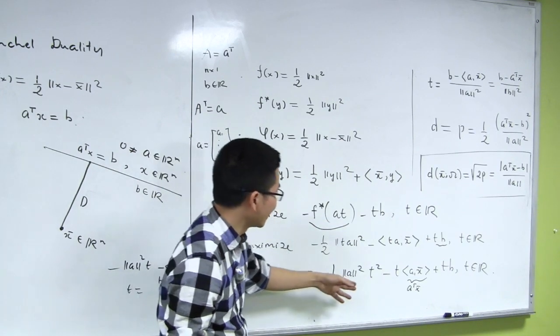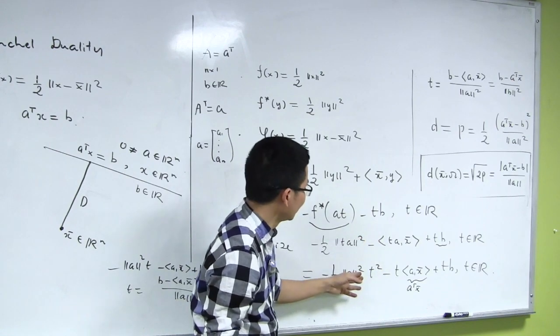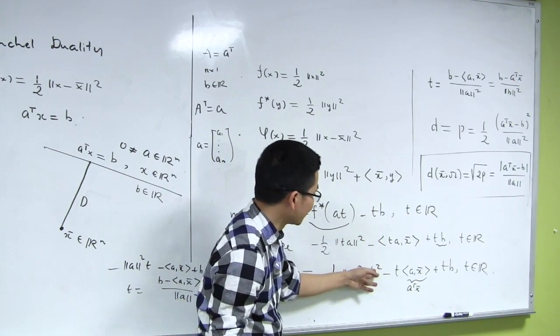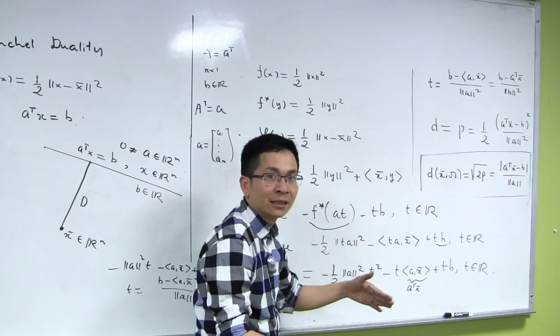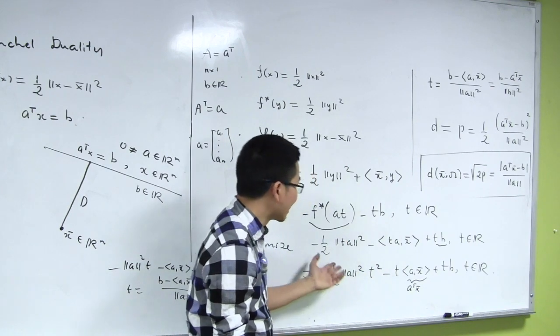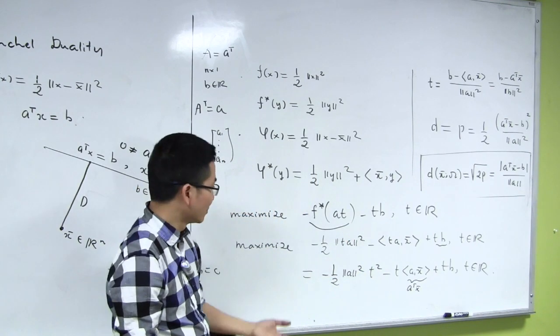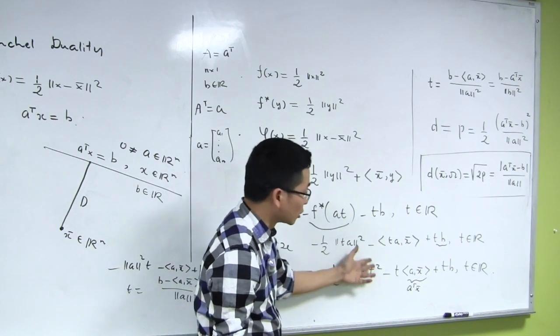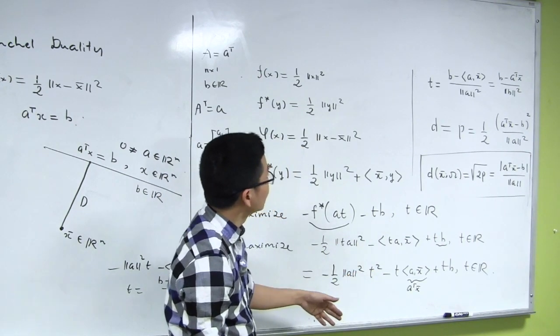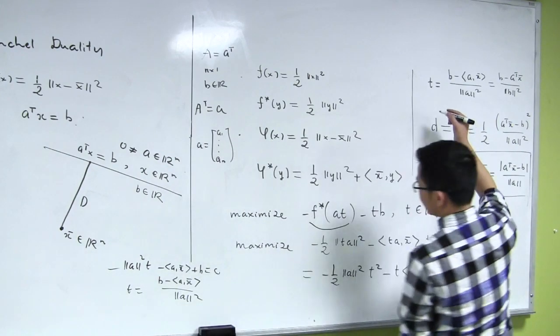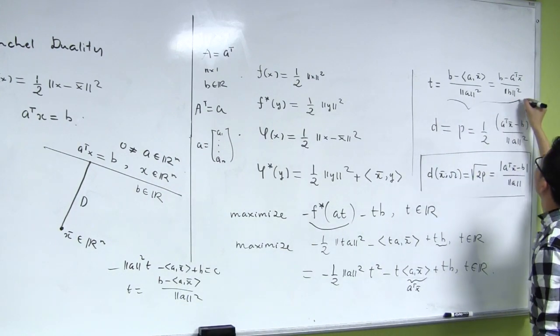How can we solve this problem? We just compute the derivative of this function with respect to t, and we set it to 0, and then we just use Fermat's rule because this is a concave problem. Okay, so then we can see that t is actually this.